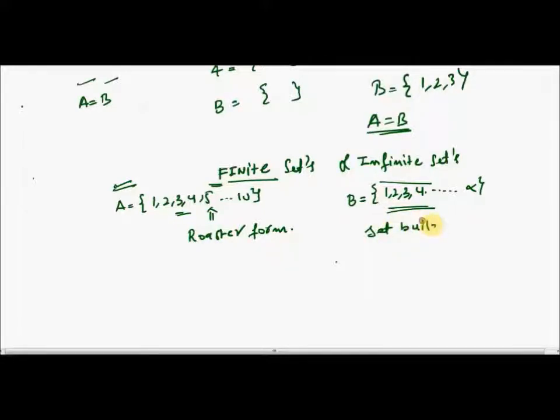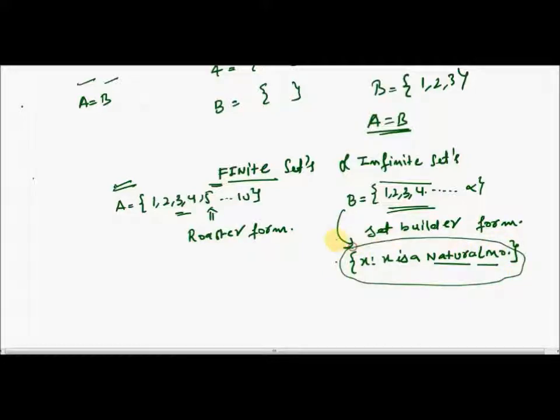So if I take this example, its set builder form would be: x such that x is a natural number, right? Here, it is easier and more convenient to represent an infinite set in set builder form.